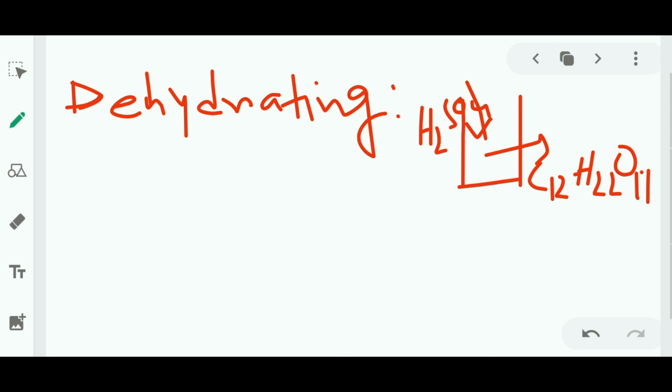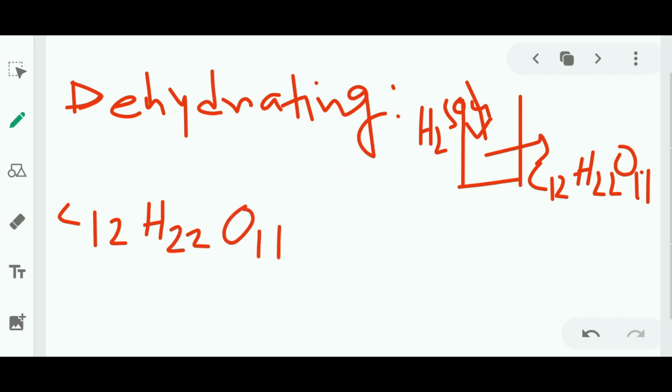Okay, so what will be the equation? The equation will be C12H22O11 and it will produce 12C, that is only carbon, produced when you add concentrated H2SO4.